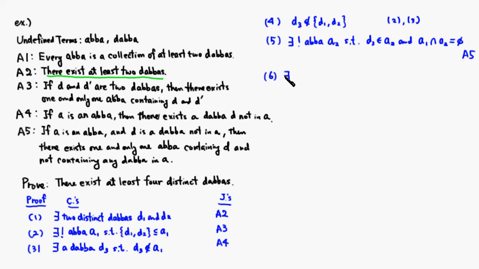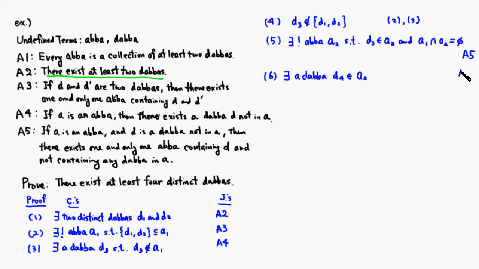There exists a daba D4 in this aba A2, because every aba is a collection of at least 2 dabas.